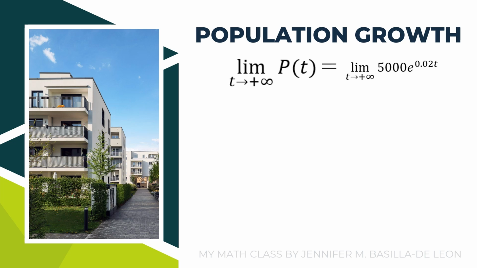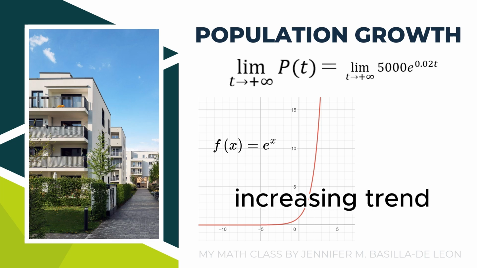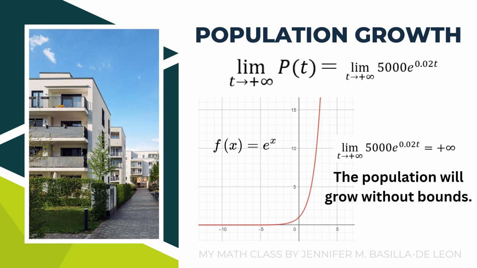Since the population function is an exponential function, the function has an increasing trend. With this, we can say that as t approaches infinity, the population will grow without bounds, meaning it approaches infinity.